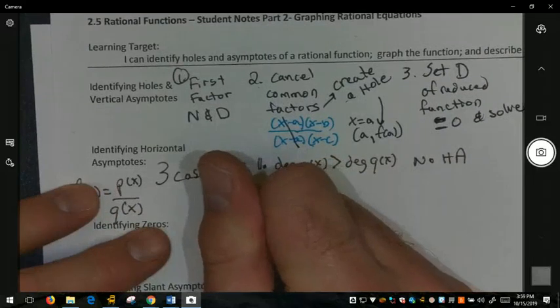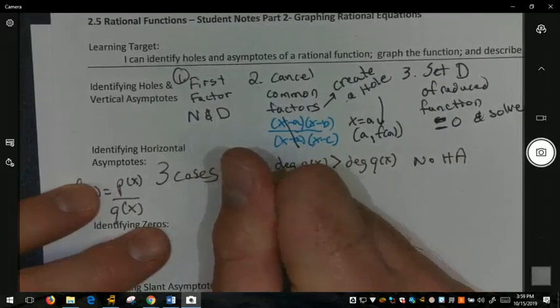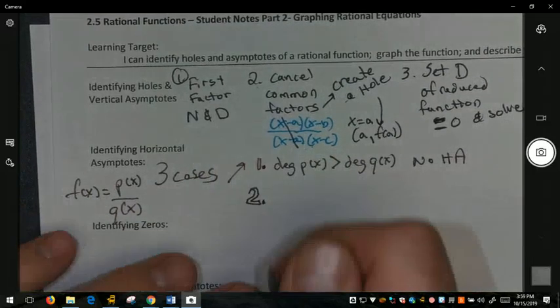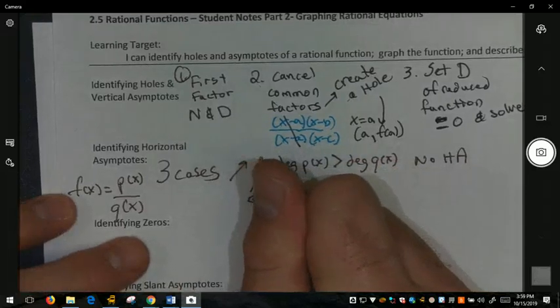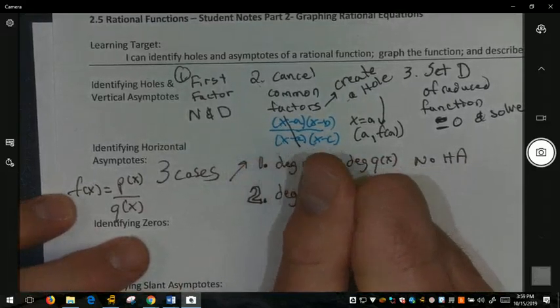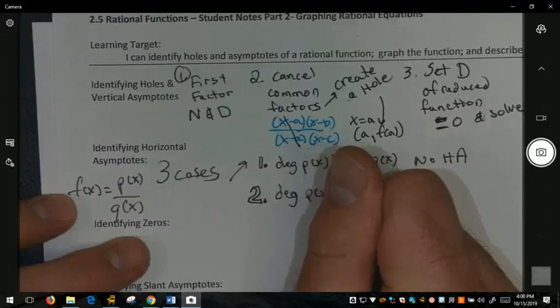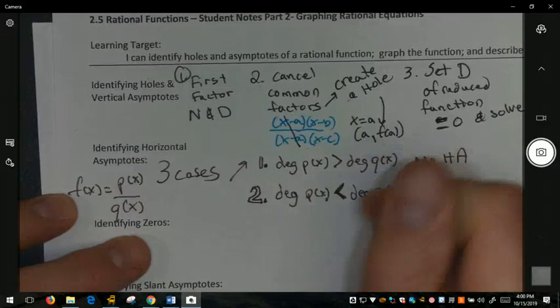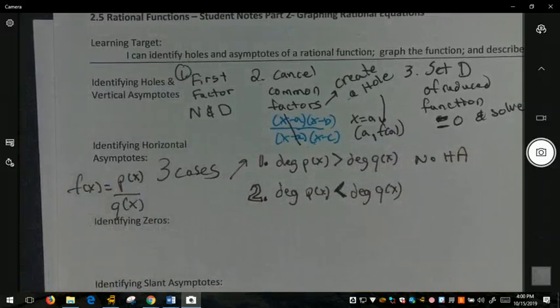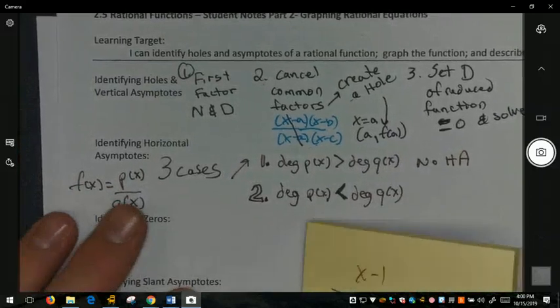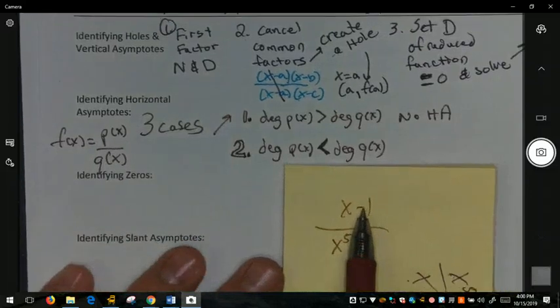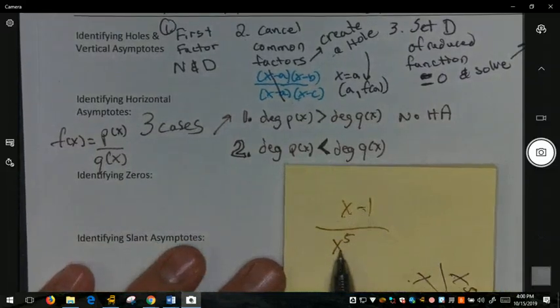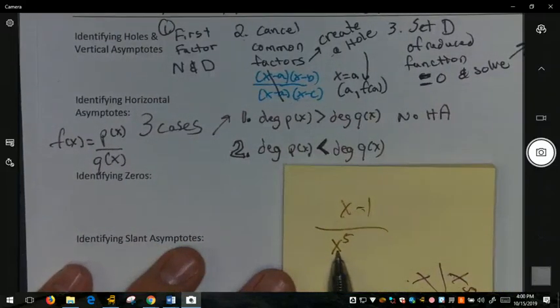Case 2. The degree of p of x, the numerator, is smaller than the degree of q of x. That would be something like a linear function in the numerator, a 5th degree polynomial in the denominator.